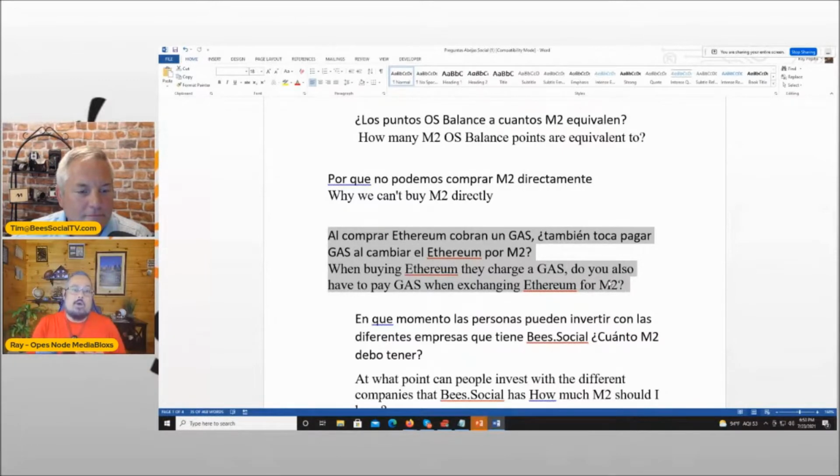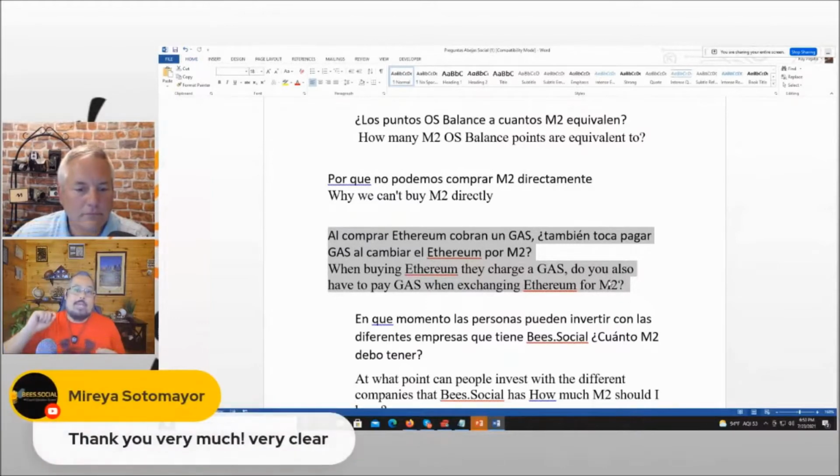So anytime you make any transactions, those gas fees aren't going to BEES.Social. That's Ethereum. So yes, every time you make any transactions, you go into hives, you get seeds, anytime you do those transactions, there is gas you have to pay.